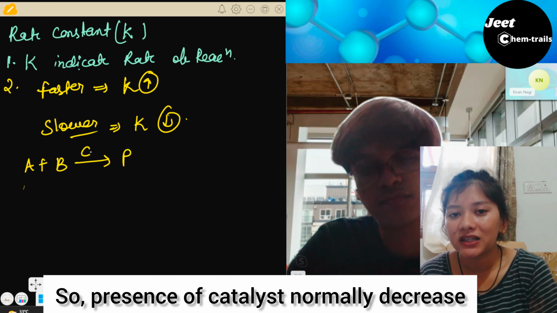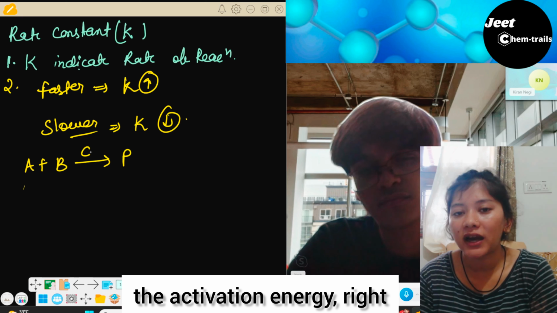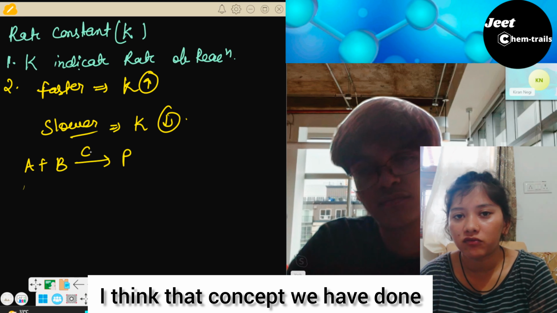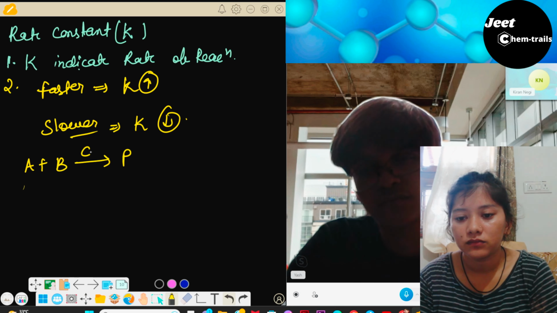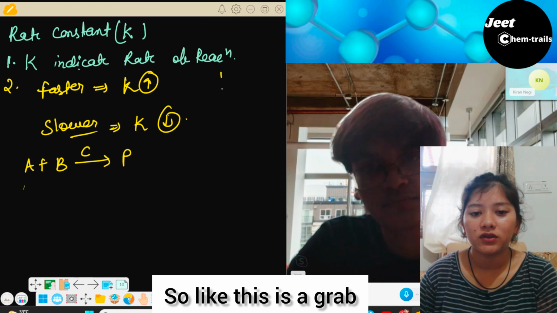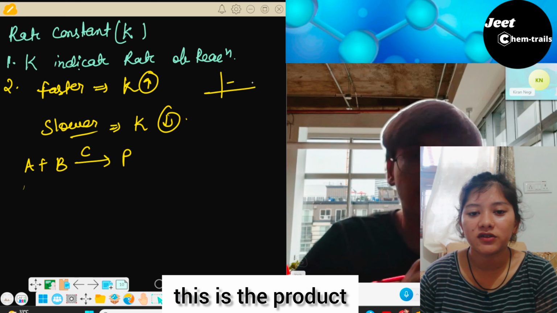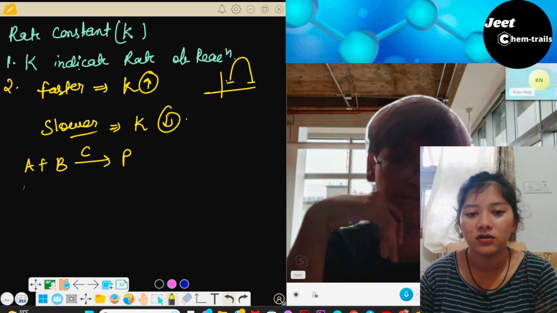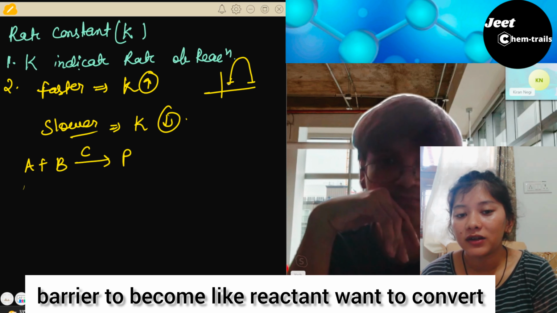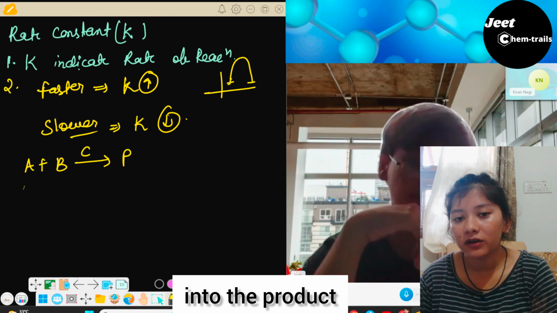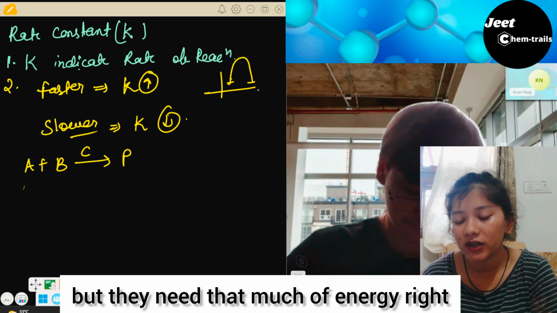So the presence of a catalyst normally decreases the activation energy, right? I think that concept we had done. Remember? So this is a graph, this is the reactant, this is the product, and the reactant wants to convert into the product, but it needs to cross this barrier, that much energy.